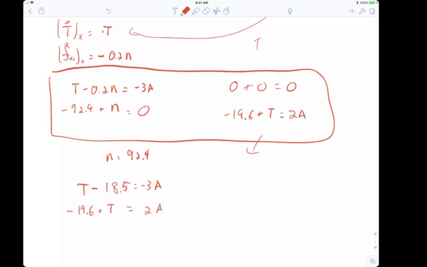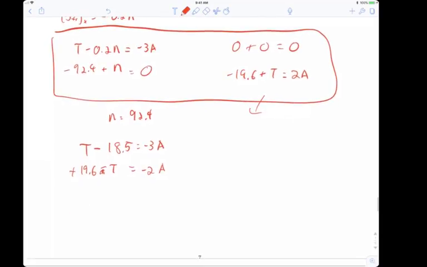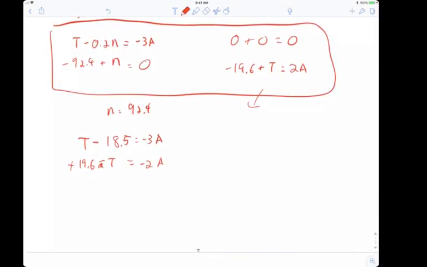So I'll make this one plus, and this one minus, and this one plus. No, that one's minus. And I'll combine them. 19.6 minus 18.5 is 1.1, is equal to minus 5a, so a is equal to 1.1 divided by 5, minus 0.22 meters per second squared.